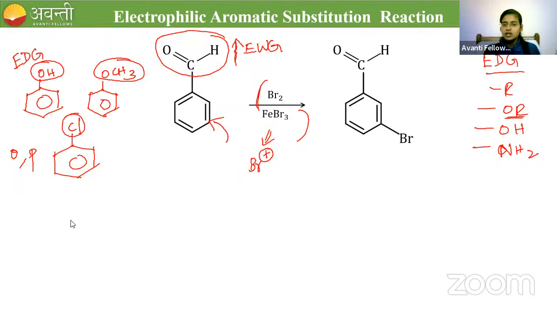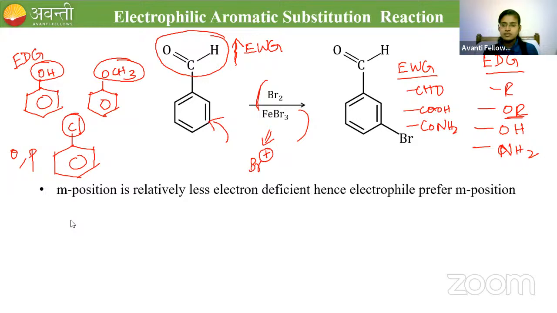Electron withdrawing groups are aldehyde, carboxylic acid, and amides. All these will fall under the electron withdrawing group category. So in all those cases, the electrophile will go to the meta position. Is it clear now for all of you? Do you have any doubt? These are ortho-para directing groups and these are meta directing groups. Clear? Students, any doubt?